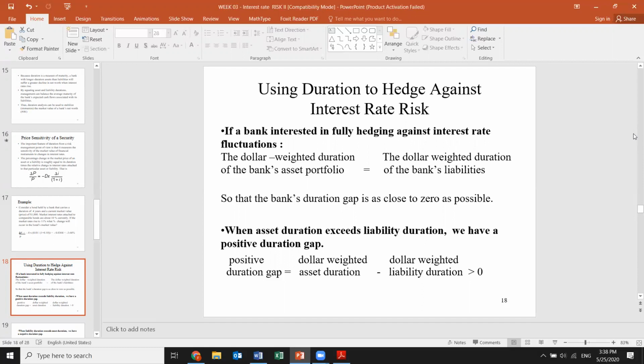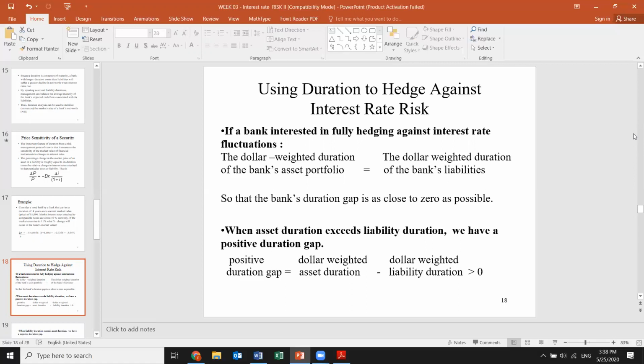And when we take the difference between the dollar weighted duration of assets and the dollar weighted duration of the liabilities, we come up with the duration gap. So in order to immunize, in order to stabilize your position, you need to make your duration gap equal to 0. You cannot make it absolutely so, but at least try to bring it close to 0.